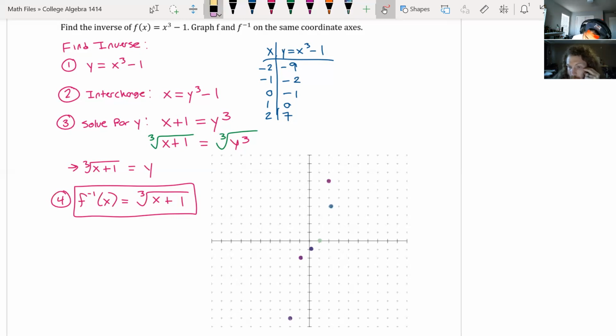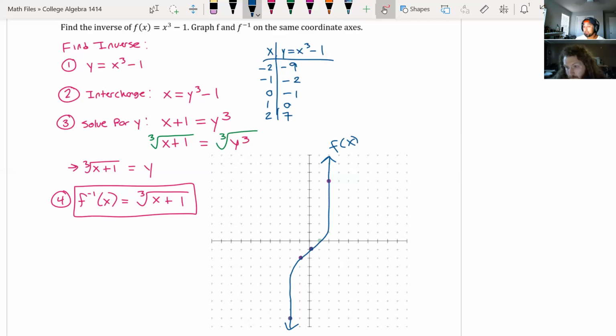There we go. Okay, and let me connect. Here's f of x.